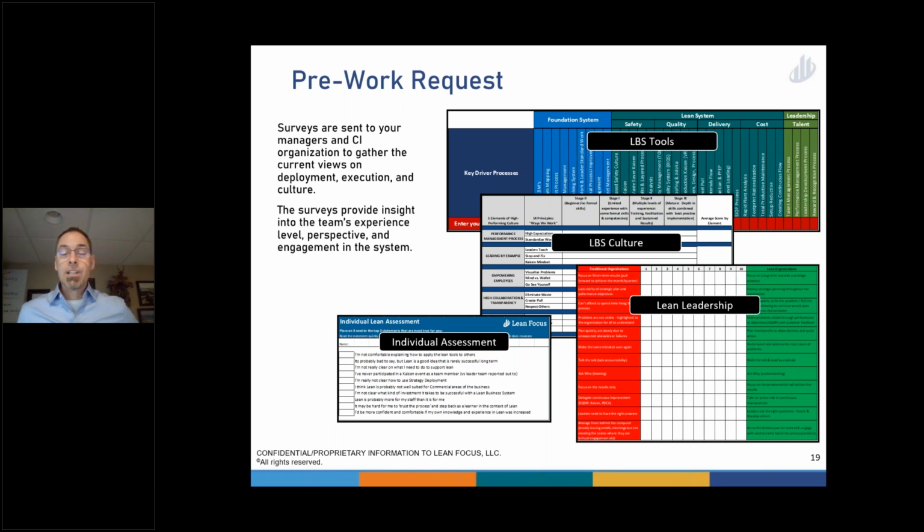We also look at lean leadership, and on the left is the traditional organization, on the right is a lean organization. We ask all the people submitting these surveys to rate themselves on this spectrum between traditional and lean, and where are you at? Things like focusing on the short-term results versus long-term strategic.